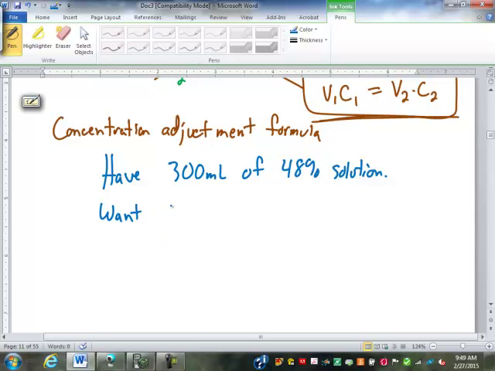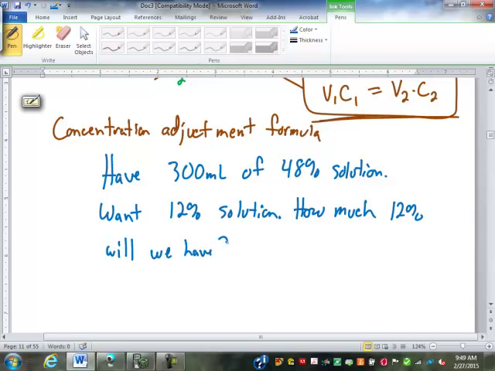Oh, let's say we want a 12% solution. How much of the 12% will we end up with when we're done?